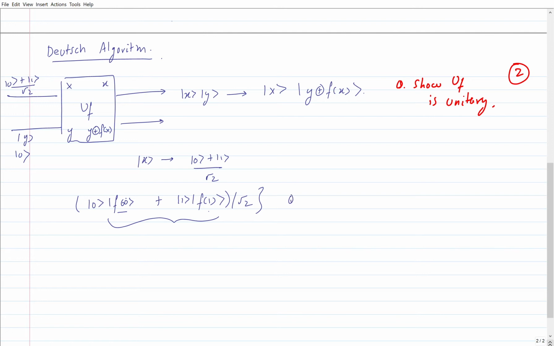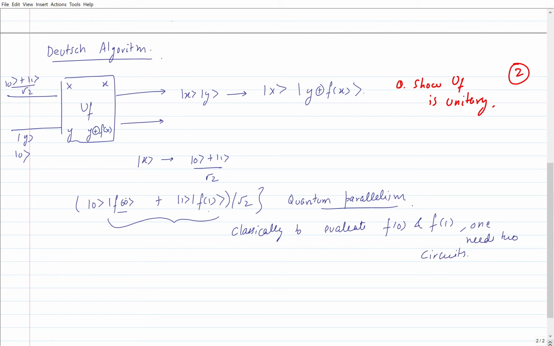And this is an example of what they call quantum parallelism. Classically, to evaluate f0 and f1, one needs two circuits. But here, in some sense, there is information about both the values on the single use of the circuit.